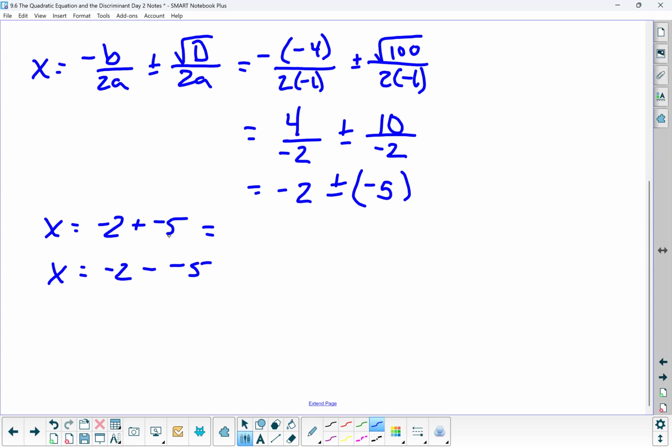So when you add two negatives, you get a more negative number. This would be -7. Here, subtracting a negative is the same as adding a positive. -2 plus 5 is 3. Because our discriminant was a perfect square, we don't have any rounded answers. We only have two exact values. So half the work for that one.